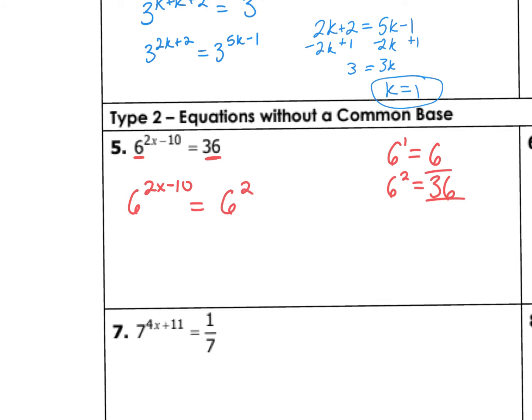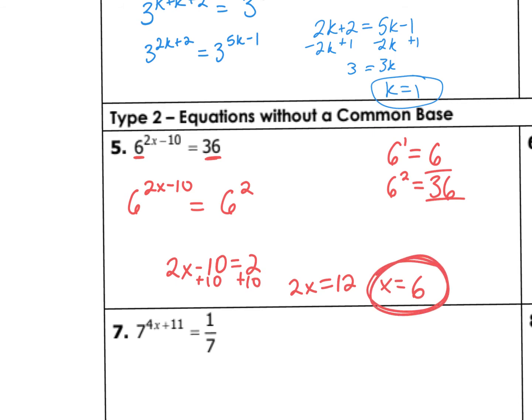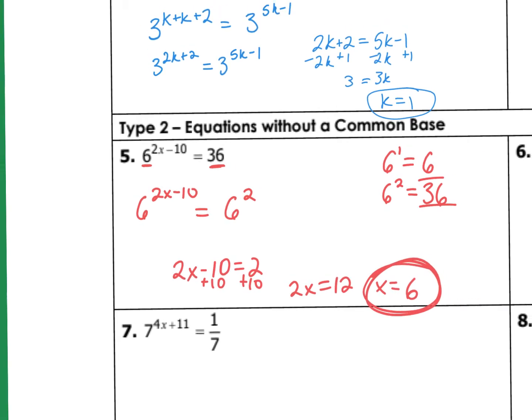See what I did there? What can I do now? 2x minus 10 equals 2. And solve it. What did you say x equals? 6. Good. Add the 10 over. 2x is 12. So x is 6. Perfection. Pretty sweet. Questions on that?